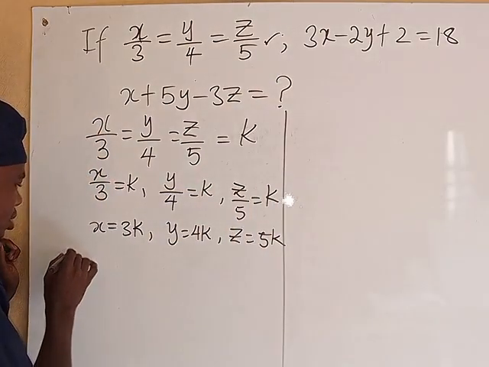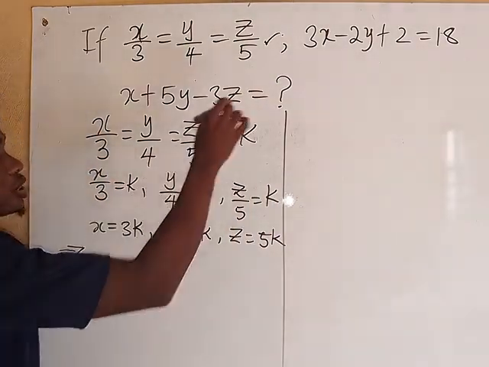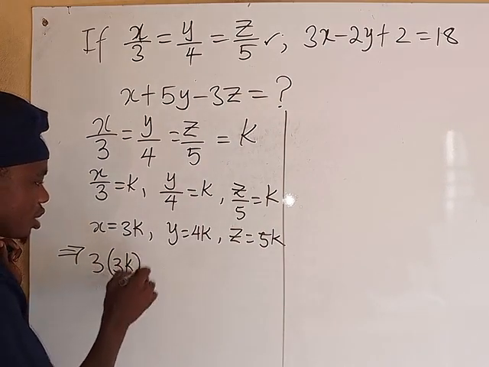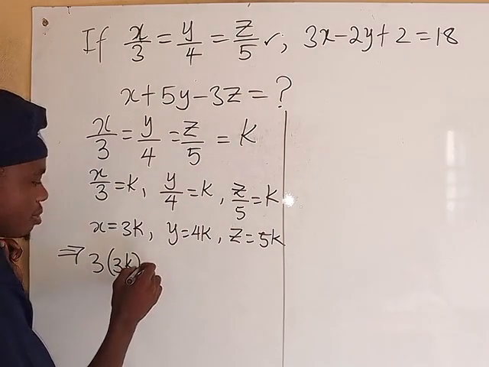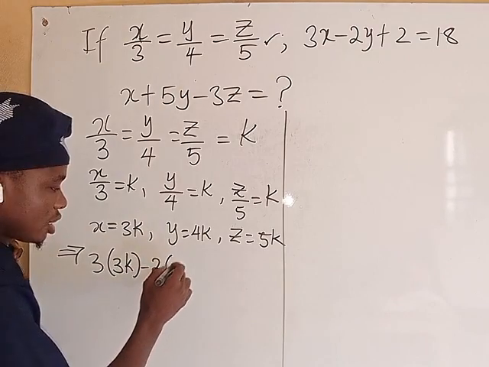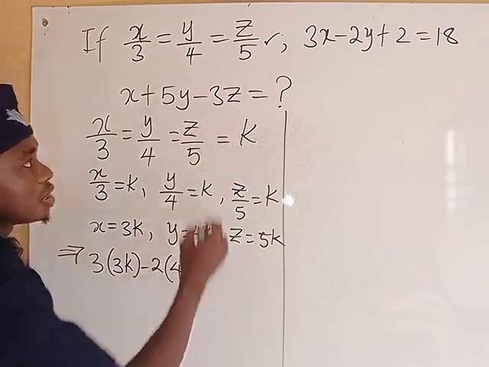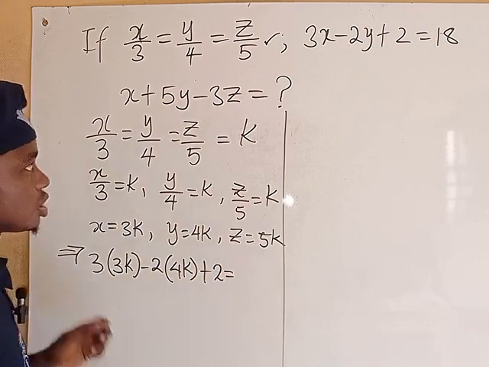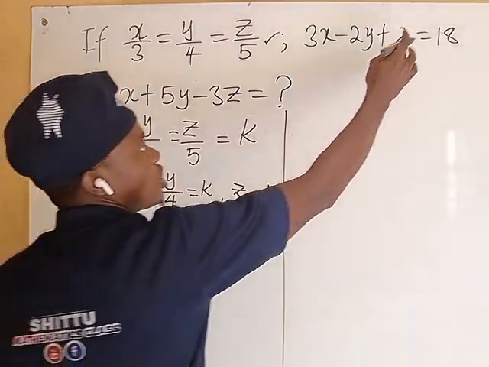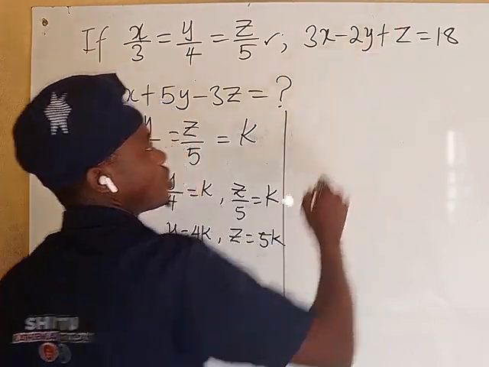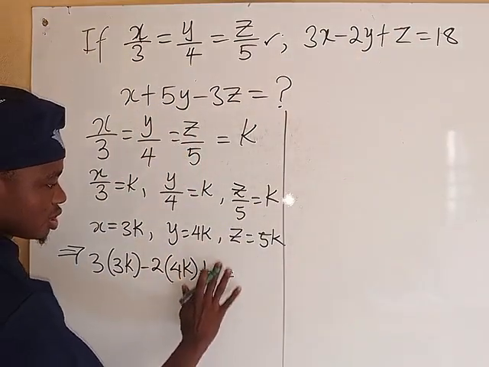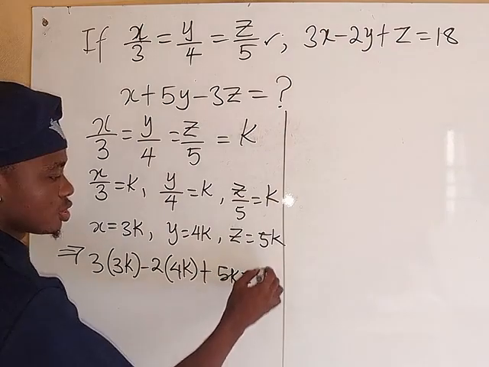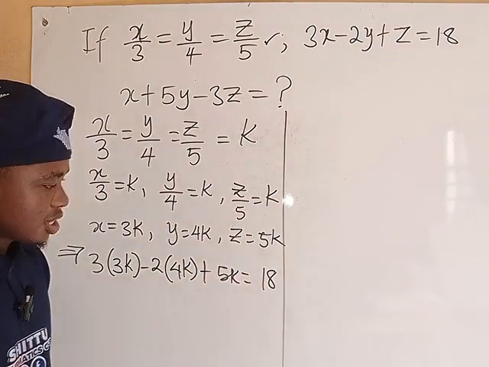That is 3 into bracket 3k, minus 2 times 4k, then plus, sorry, this is z not 2, I'm sorry, z, and z is 5k here. We have 5k, equals 18. Are you getting it now?